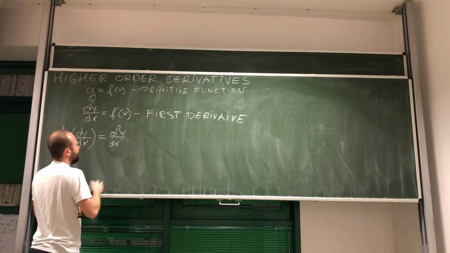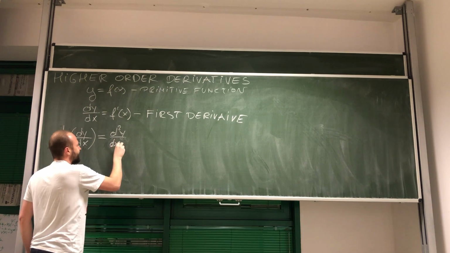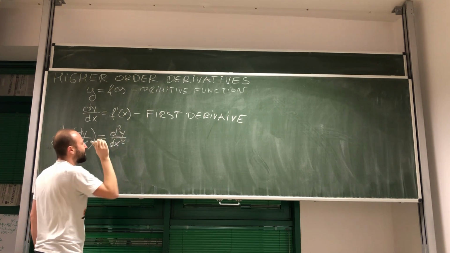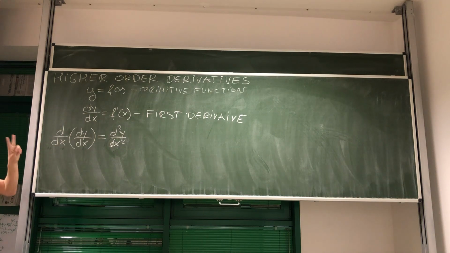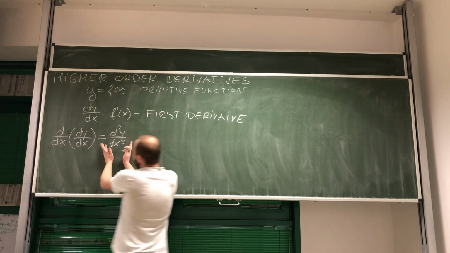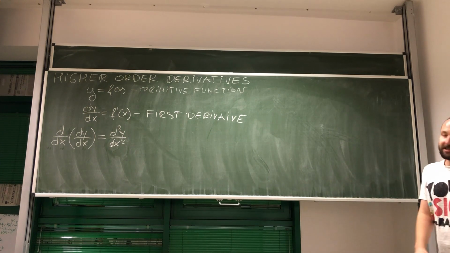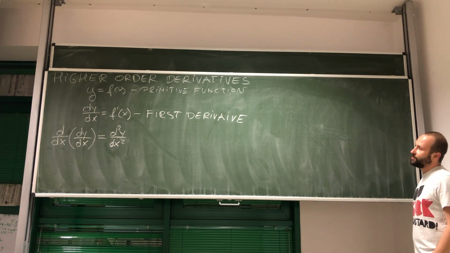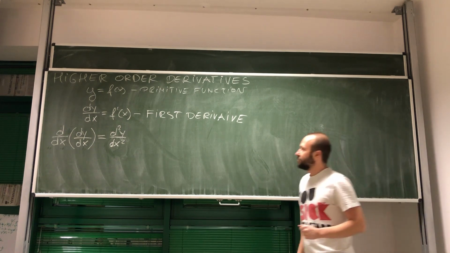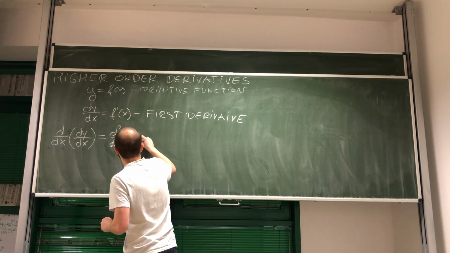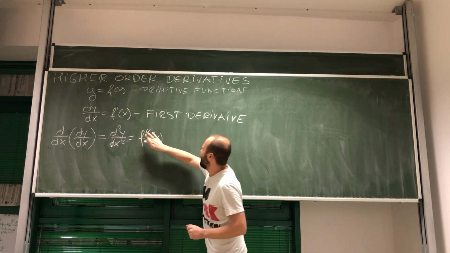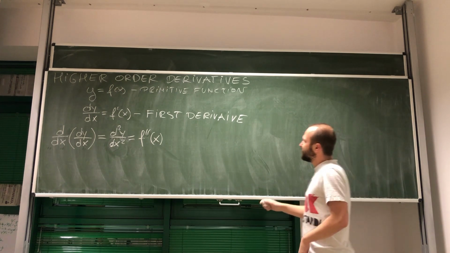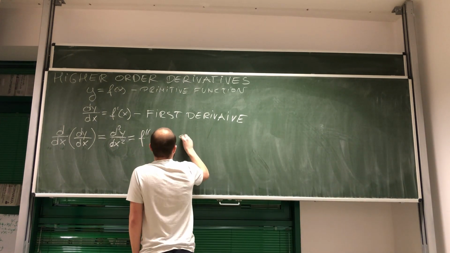The convention is to simply write it as dx squared, but remembering, of course, that here we've got dx twice. Okay, and look, this is how we would write the derivative of the derivative in the Leibniz notation. We can, of course, do the same thing in Lagrange notation, and we would have this, another prime, right? So we're going to call this the second derivative.